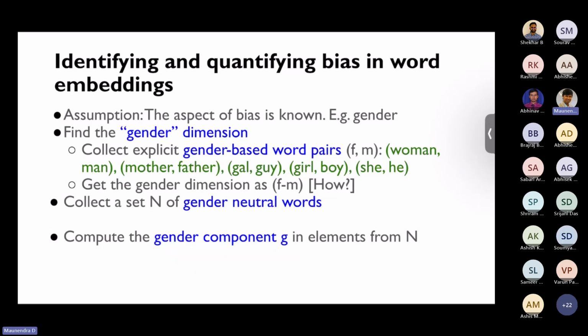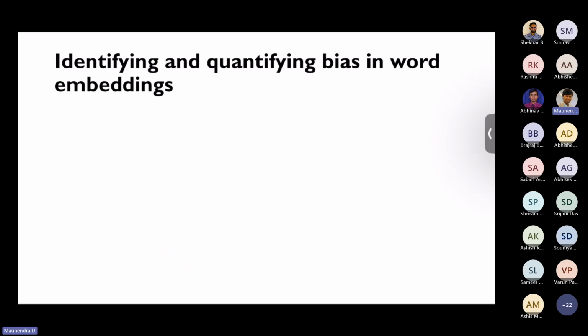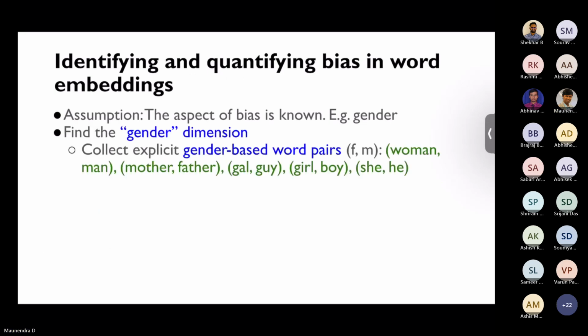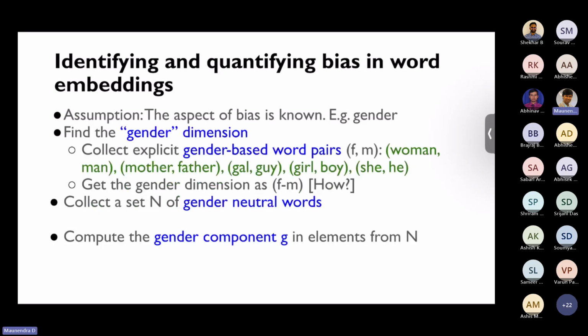But what we saw earlier is that there are many things we want to be gender neutral, say architect, philosopher, but they may still have a very high projection along the gender dimension. So that's why this quantifies the gender. And our N can contain a set of all such words which we know and we want to be gender agnostic.